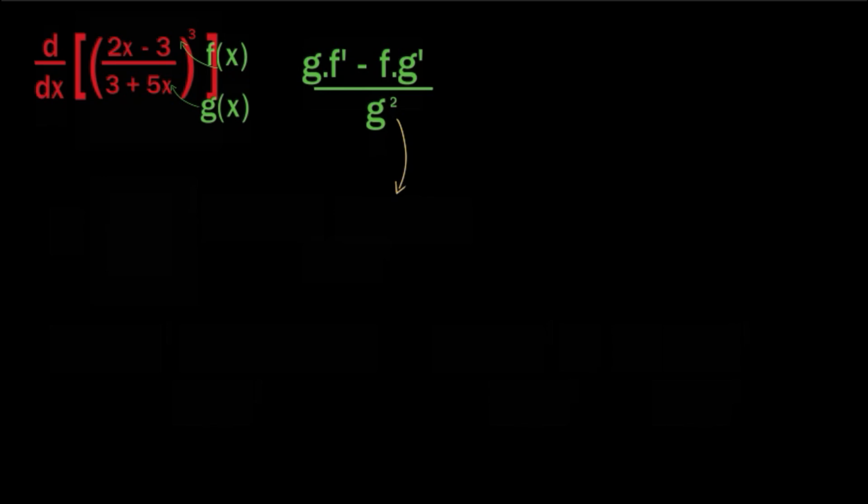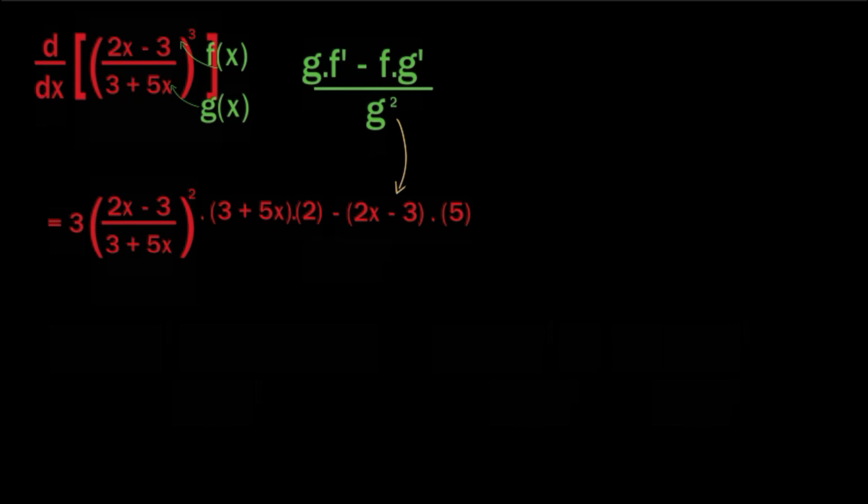So 3 times (2x minus 3 over 3 plus 5x) squared, times, we want to differentiate the function inside, then only we use quotient rule. So 3 plus 5x multiplied with the derivative of function f, which is 2, minus function f, and the derivative of function g is 5, over the square of function g. So you will get this as the outcome.